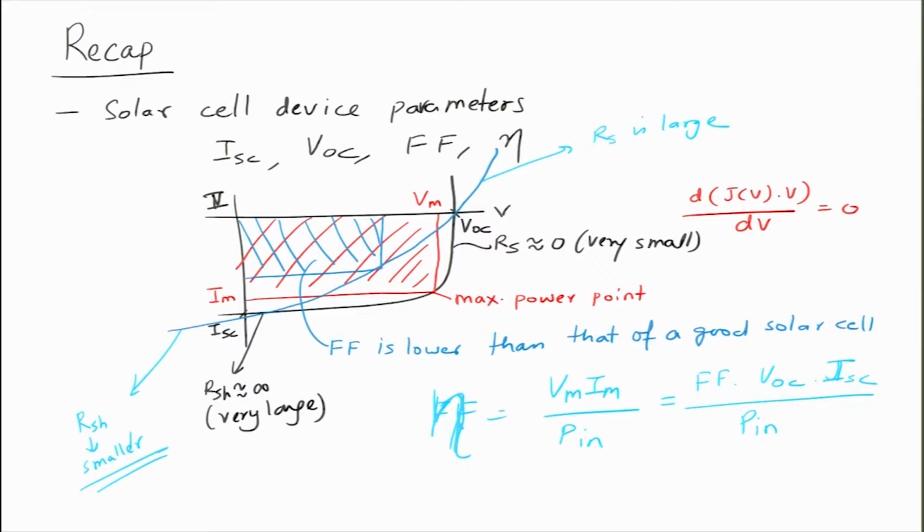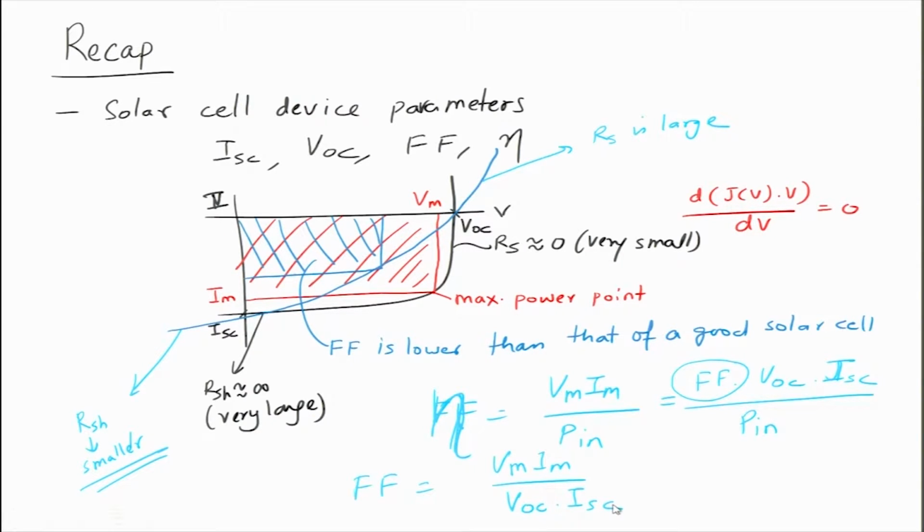So, the ratio of Vm Im to the incident power gives you the efficiency, and this is related to fill factor. So, Vm Im is equal to fill factor into VOC into ISC. So, if your fill factor is higher, your efficiency of power conversion is going to be better, which is where you write fill factor as Vm Im divided by VOC into ISC.